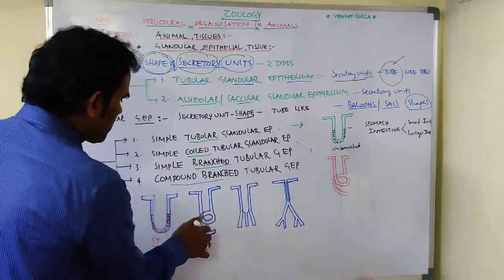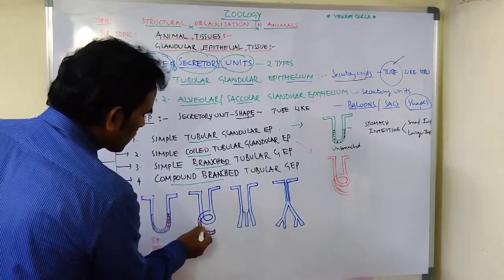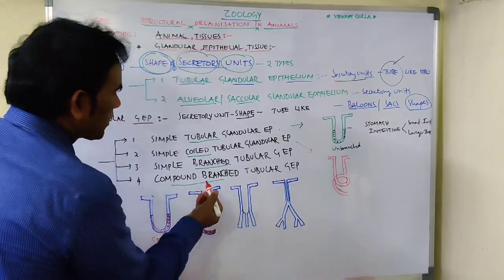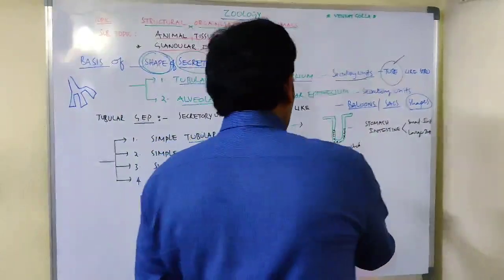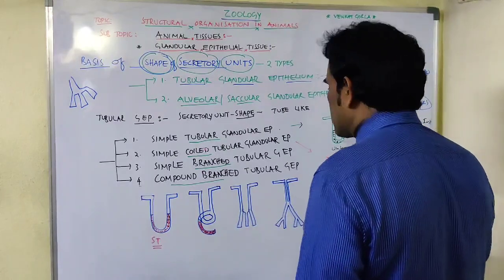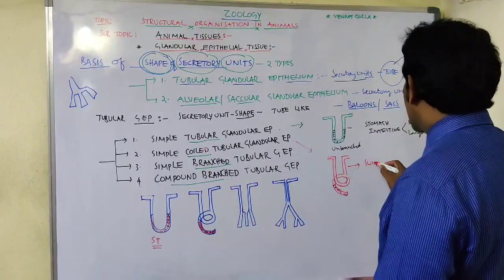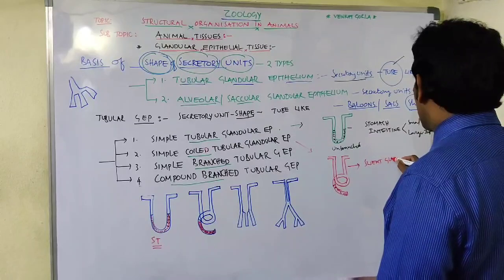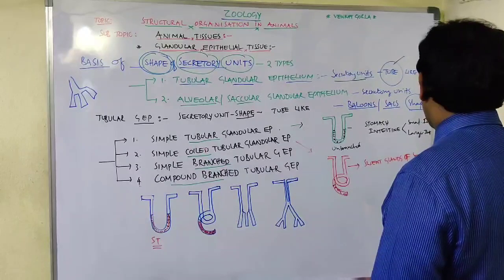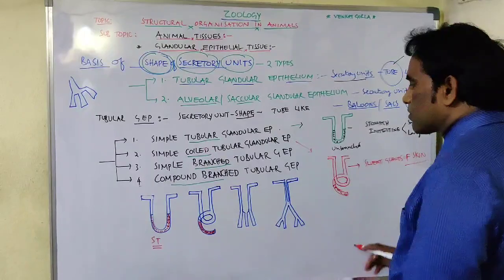The second one is called coiled. Coiled tubular glandular epithelium: here the tube becomes a coil, like this. This is located in the sweat glands of skin.